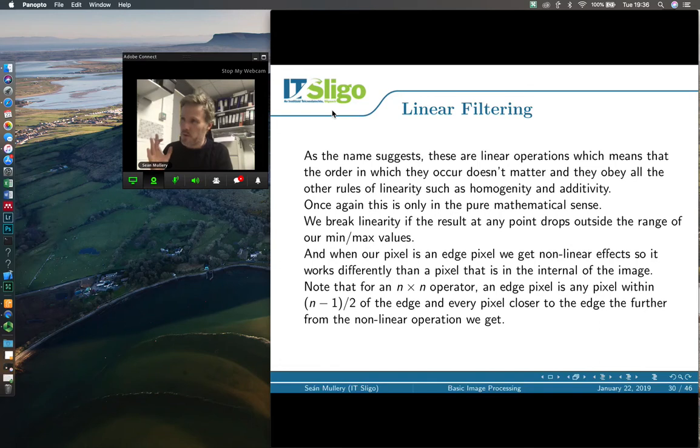Once again, this is in pure mathematical sense. So going back to my first slide of the first part of this lecture from the beginning of the notes, there's a difference between the mathematical model and the computer model that we will build, because our linearity starts to break down when we start changing things to digital, and we have to have round off errors, and also we have a maximum and a minimum value that we can have within our image.